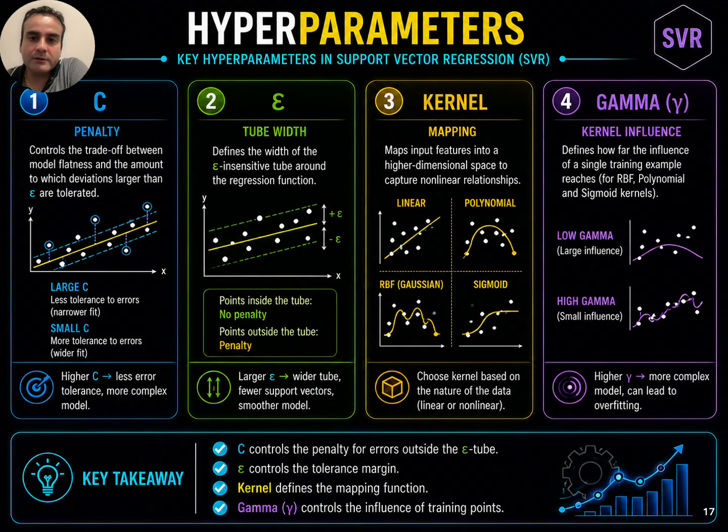Common choices include linear, polynomial, RBF, and sigmoid. The parameter gamma controls the influence of individual training samples when nonlinear kernels are used. High gamma values create highly localized decision boundaries, while low gamma values produce smoother models. Proper tuning of these hyperparameters is critical for achieving optimal performance.